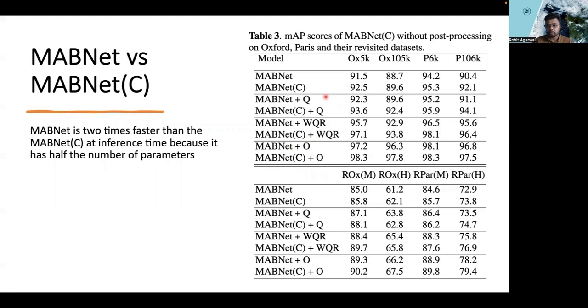As seen from the table, MabNet C outperforms MabNet in both post-processing and without post-processing, and also with respect to each post-processing technique. MabNet is 2 times faster than MabNet C at inference time because it has half the number of parameters. Thus, there is a trade-off between the performance and the inference time.